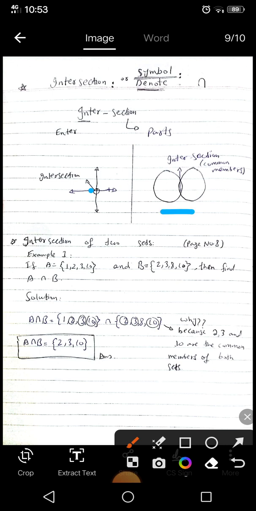In this diagram, there are two circles which are intersecting each other at 2 points.